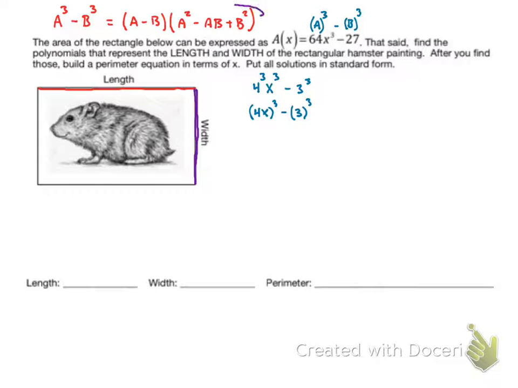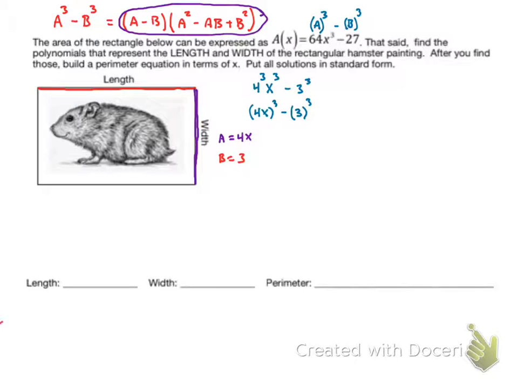Now, we got to follow along with this to figure out what the two factors are going to be. So we know A is equal to this here, the 4x. And then our B is equal to 3, that number in here.